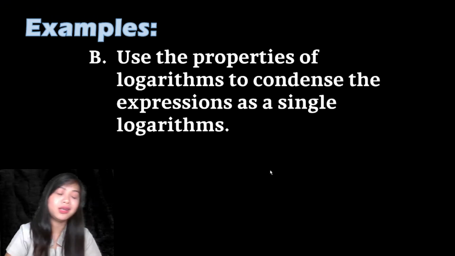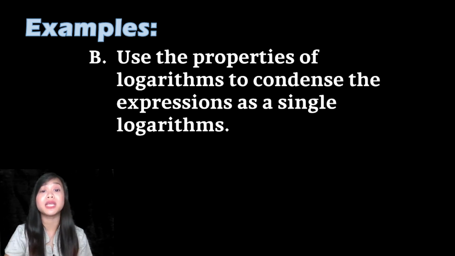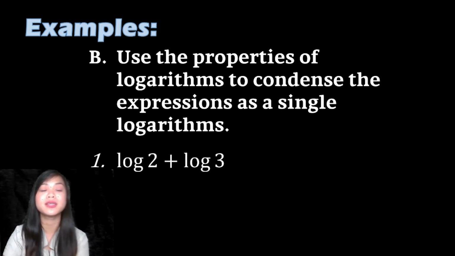So let's try to have another example. Now, let's use the properties of logarithm to condense. For the first examples, we expanded the logarithm expressions. This time, we need to condense or simplify into single logarithms. First example, we have log 2 plus log 3.